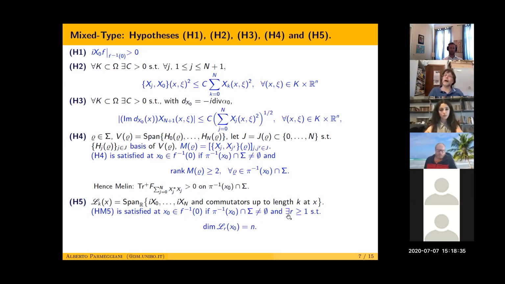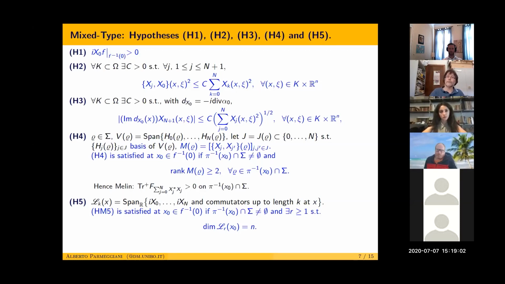You may find an R such that the dimension of this vector space, using the vector fields x0, x1 up to xn, not xn plus 1, which is not important in that case, and the commutators up to length R, is going to be the tangent space. So this is a sort of Hormander condition.